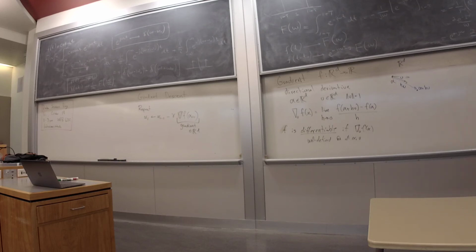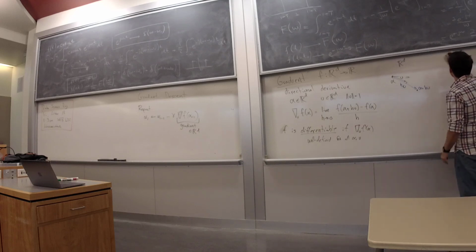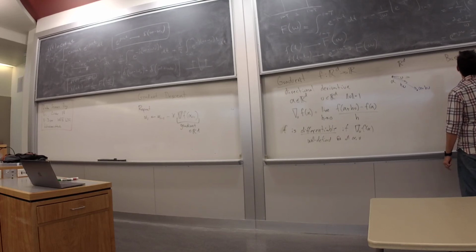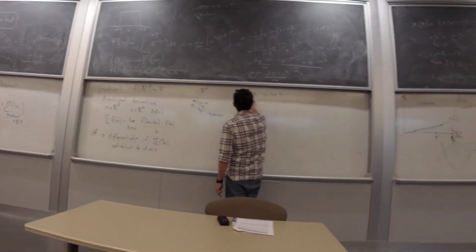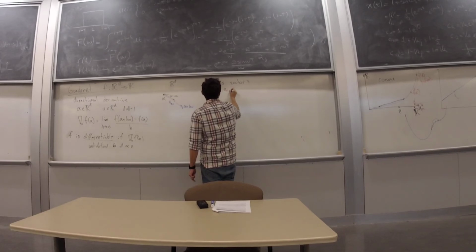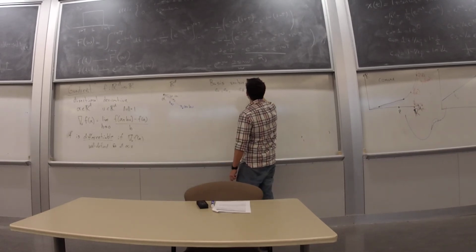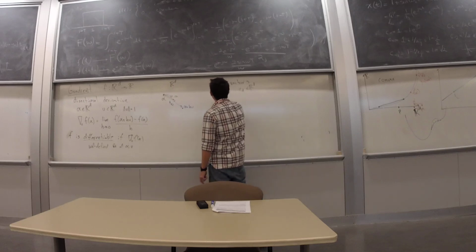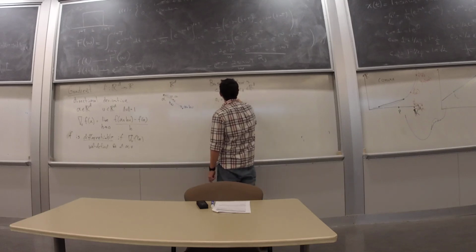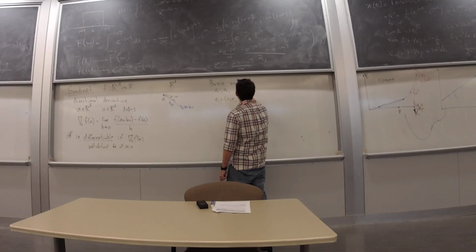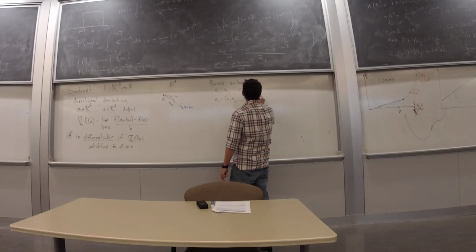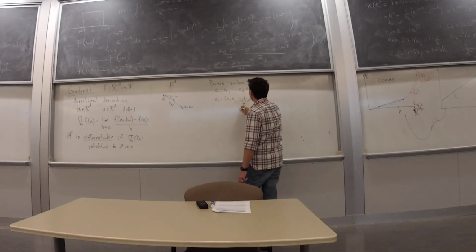What I'm going to do is define a specific set of basis vectors, e_1, e_2, up to e_d, and these are all going to be in R^d, where e_i is going to be all zeros except the ith coordinate.